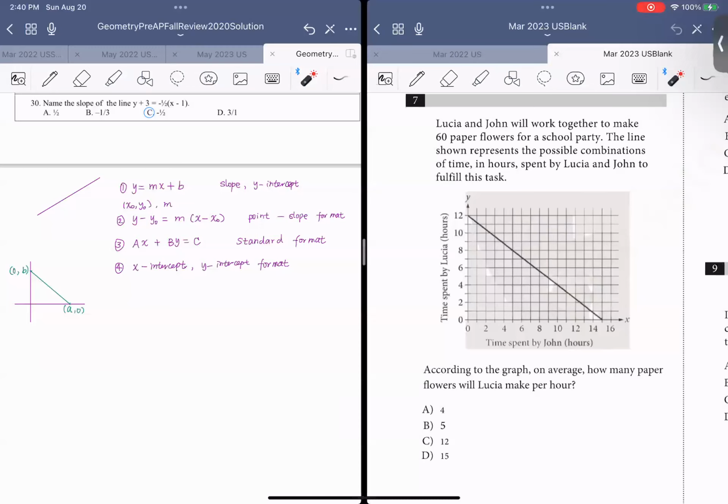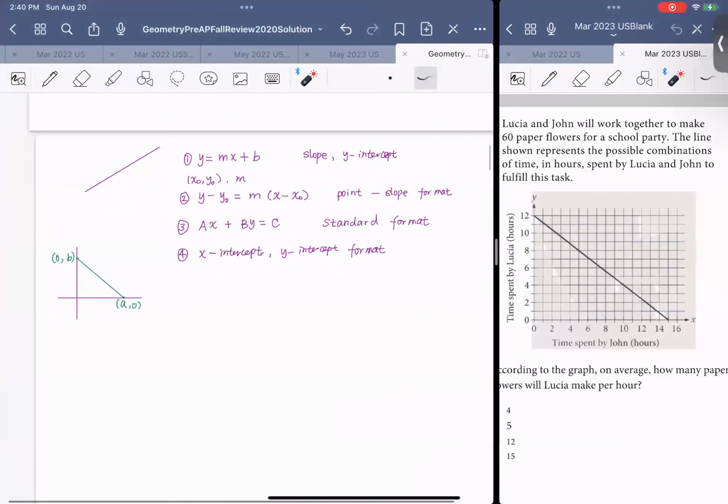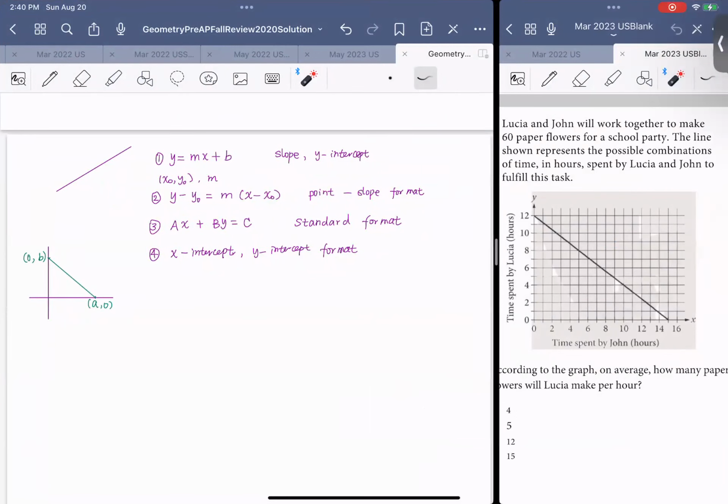Anybody have an idea? Is the equation y equals x plus 12? No, I'm not asking you to do number 7. I'm asking you to solve this on the left. Oh, okay. After you do this, you can try the problem on the right.